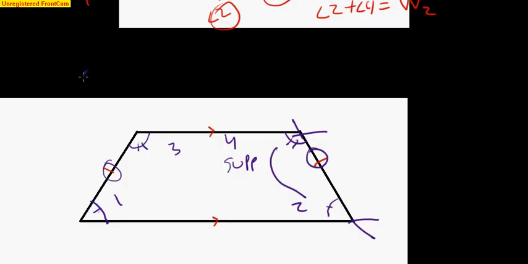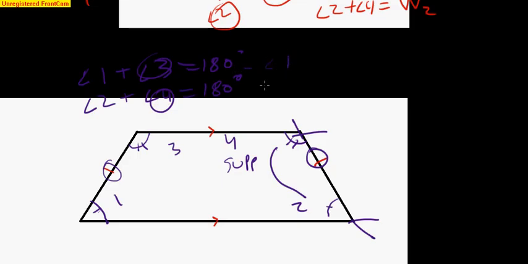We know that the measure of angle 1 plus the measure of angle 3 is equal to 180 degrees. We know that angle 2 plus angle 4 is equal to 180 degrees. So we know that 1 is equal to 2, so 3 and 4 are going to have to be the same, because it's going to come out the same.